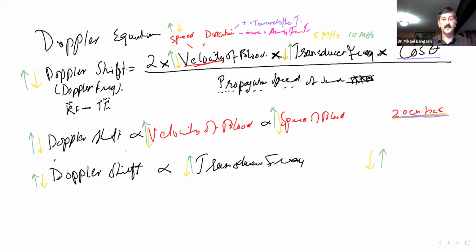Or at 60 degrees or 120 degrees, measured velocity is going to be equal to half the actual velocity.